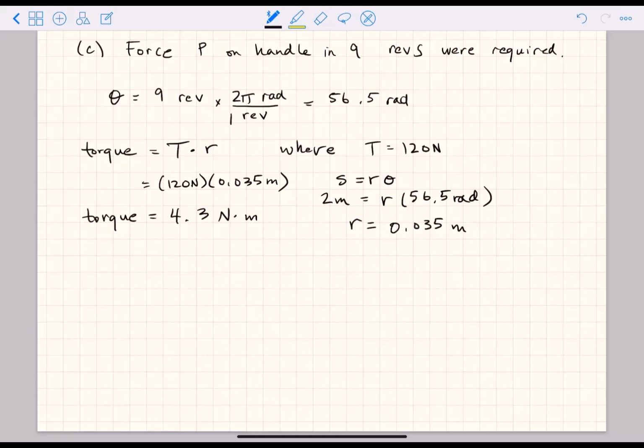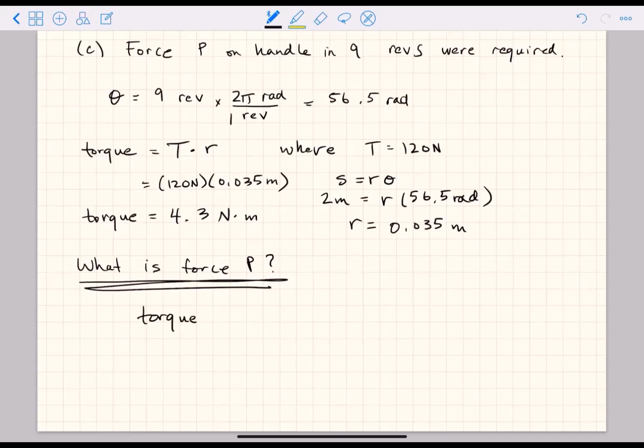Okay, so it asks, what's the force though? All we found is the torque. Well, if I say what is force P, that's really what they want us to find here. Torque is also equal to, because we have 2 torques going on, right?